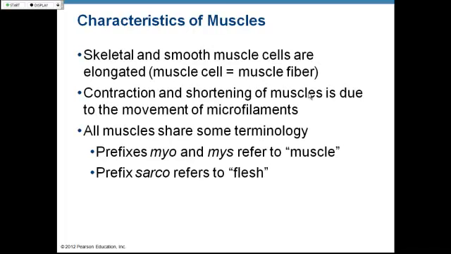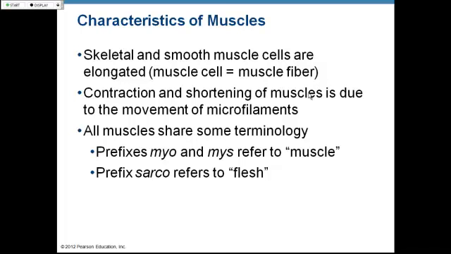Before we get into the specifics of the three types of muscle tissue, let's talk about the characteristics of muscle. Skeletal and smooth muscle cells are elongated. They're very, very long. As a matter of fact, when you talk about the quadriceps muscle that goes down the back of the leg, actually, I think I meant to say hamstrings.